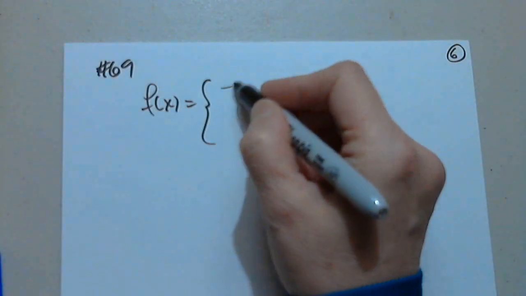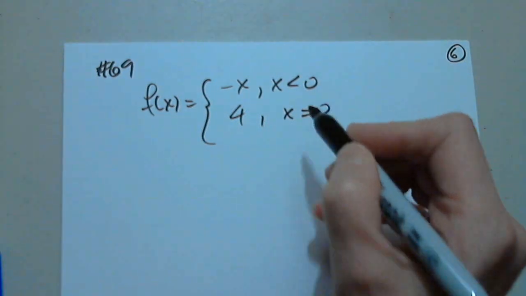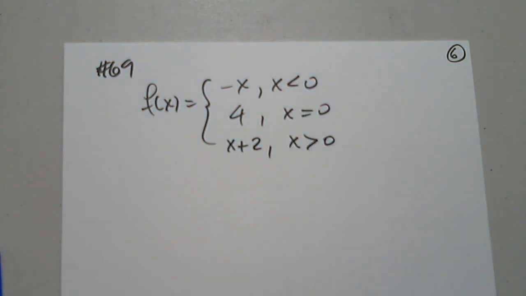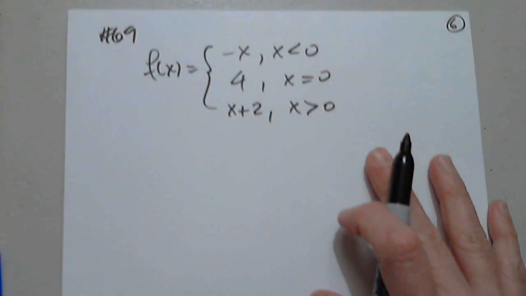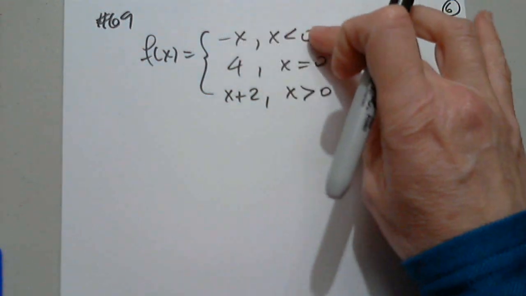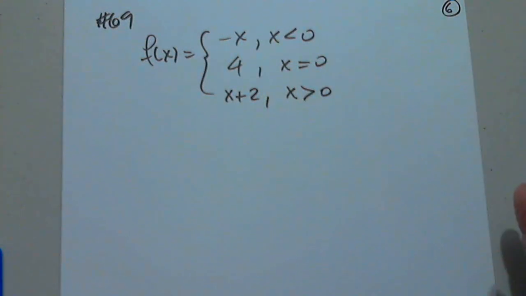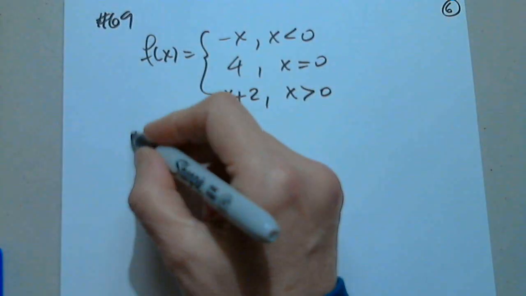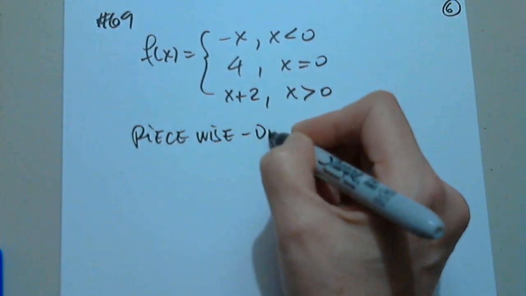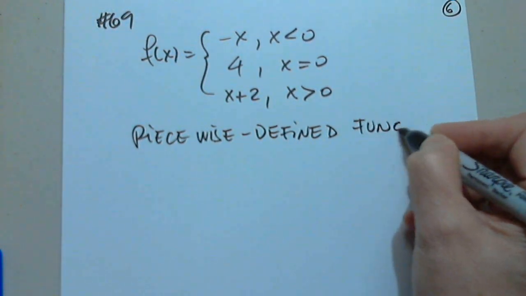So it's negative x for x less than 0, it's 4 for x equals 0, and it's x plus 2 for x greater than 0. So this is a function given in pieces. One piece, the second, and the third. It can have 2, it can have 5, it can have infinite. Piecewise defined function.